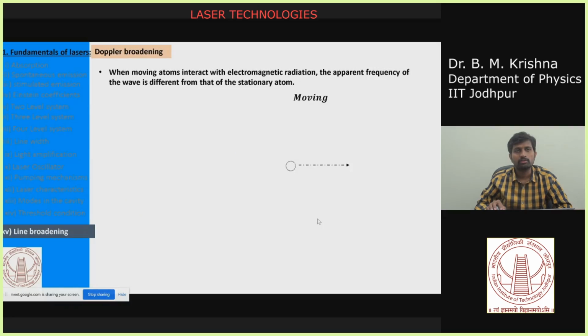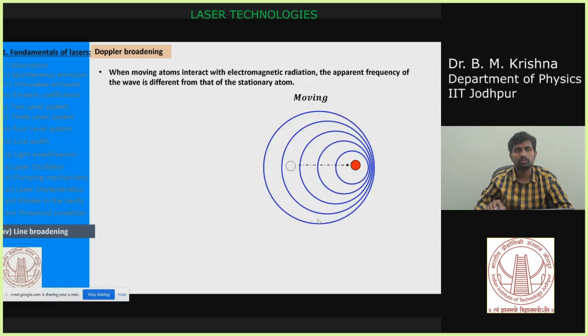Now if the atom is moving, this is the initial position and this is the final position. In this direction, for example, if the observer is here, the frequencies are shorter, and if the observer is on this side, the frequencies are longer. So the apparent frequency is different. This is called the Doppler effect, and due to this the broadening comes into the picture. This broadening is called Doppler broadening.